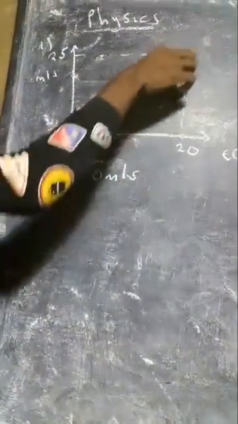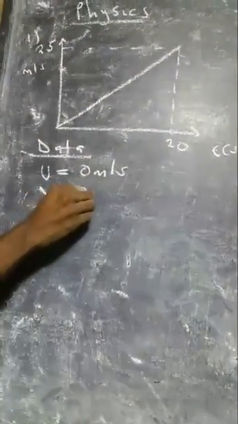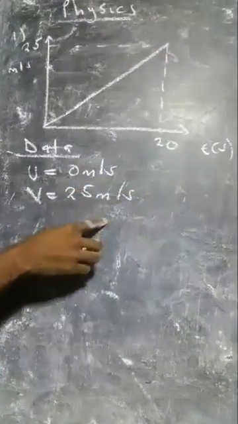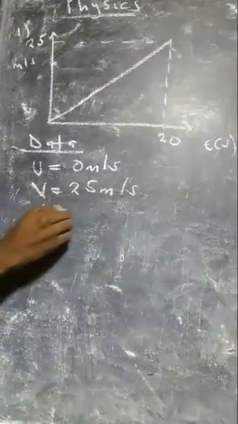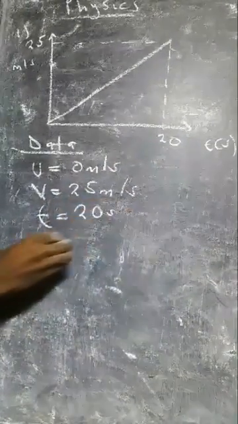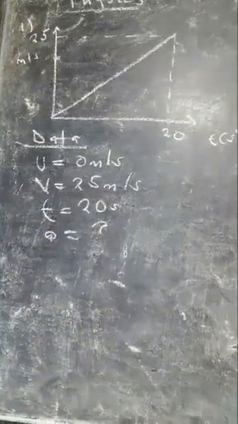Then what is your final velocity? 25. So v is equal to 25 meters per second. Then what's our t? t is equal to 20 seconds. Then a, that is what we are finding.